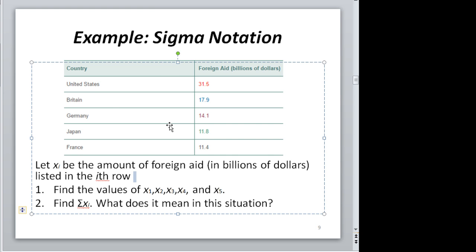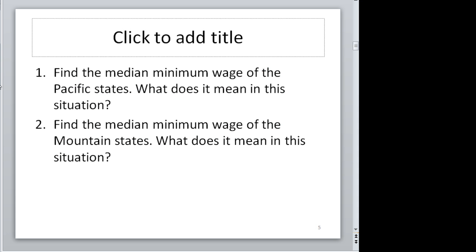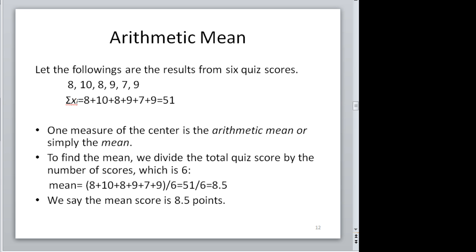Find all the x1, x2, x3 all the way up to x5. Why x5? Because we have 5 different data points. And find sigma xi, meaning you add all that. That's pretty straightforward.